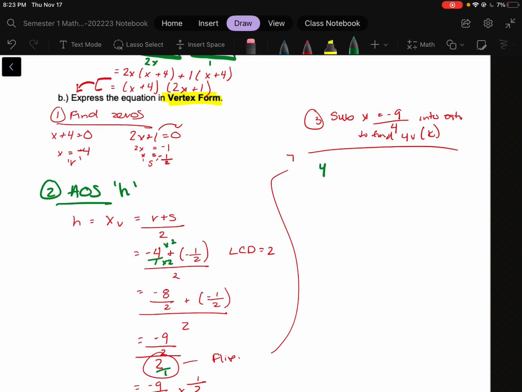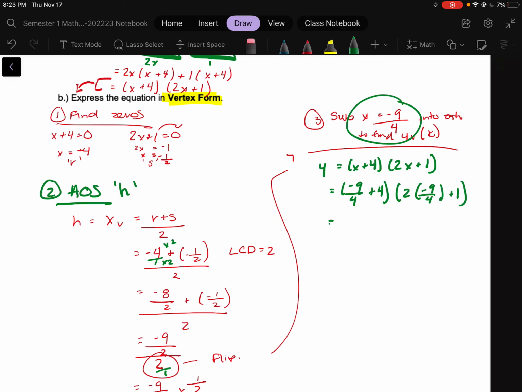So using our formula that we had before, which was y equals (x plus 4) and then our (2x plus 1), we're going to sub in this. So we have our -9 over 4 plus 4, and then we're going to have our 2 times -9 over 4 plus 1.